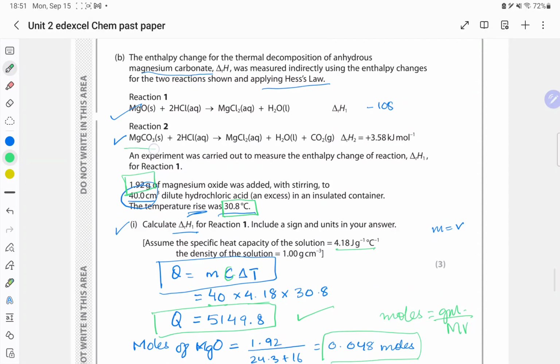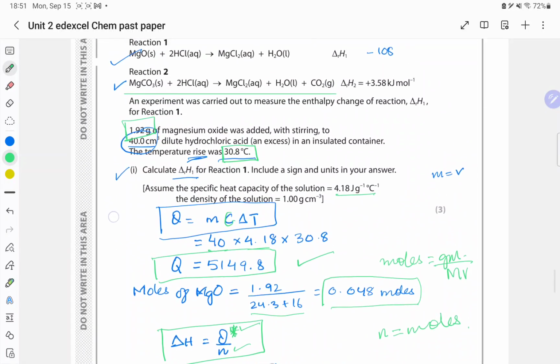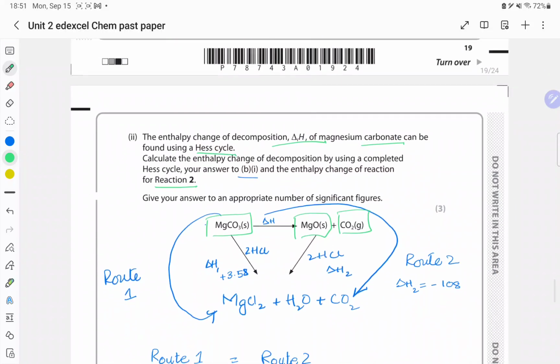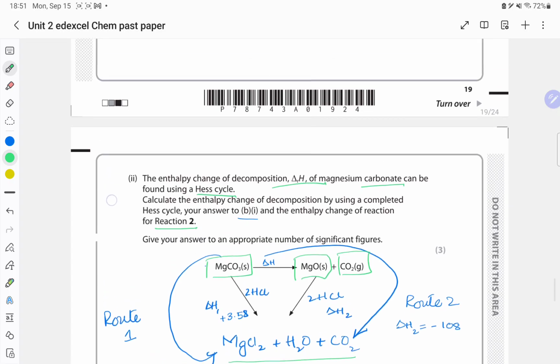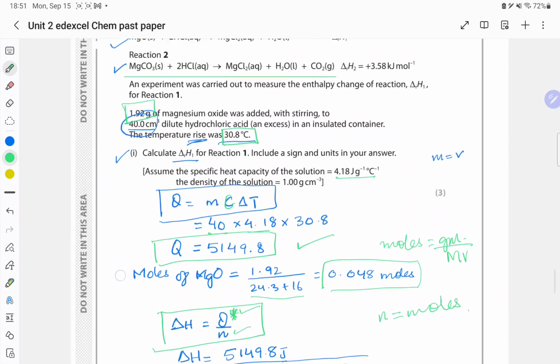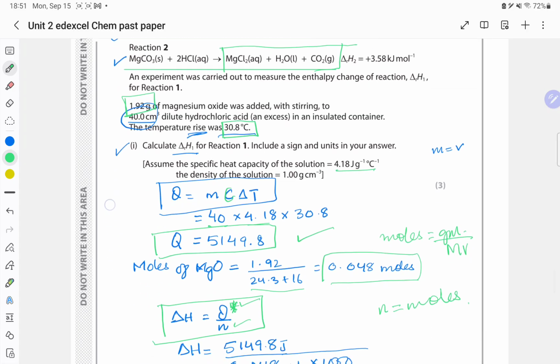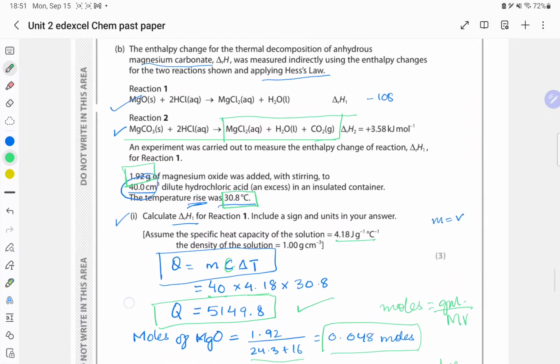This is reaction 2: magnesium carbonate plus HCl gives MgCl2, H2O and CO2. So by placing the products MgCl2, H2O and CO2 as you can see here, this is how you place it, and the value is already given to us, that is 3.58 kilojoules per mole.